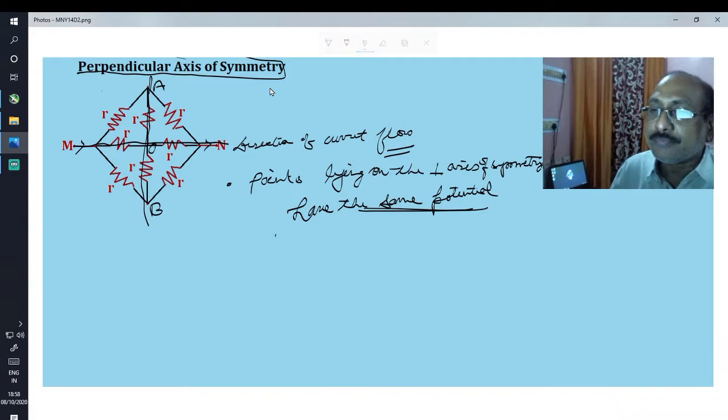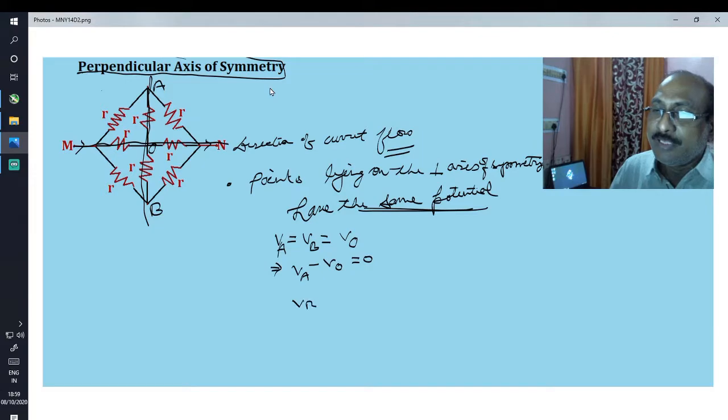then the potential of point A must be equal to the potential of point B, which must be equal to the potential of O. We can conclude that VA minus VO equals 0, VB minus VO equals 0, and VA minus VB equals 0.